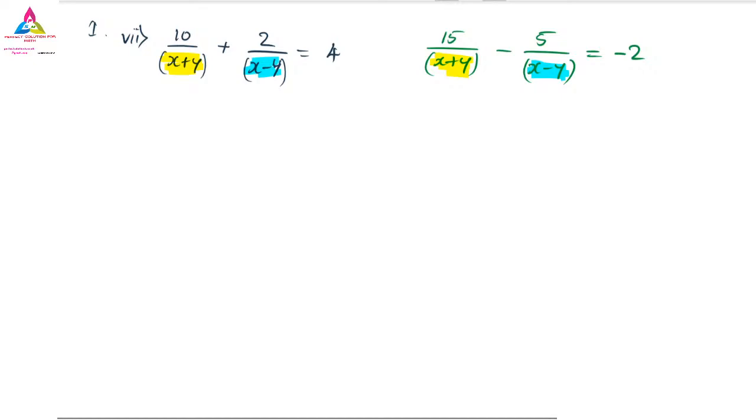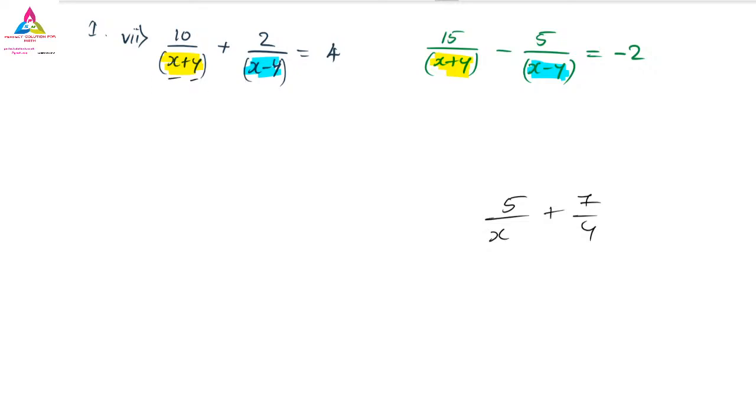In the previous questions we had only x or only y, like 5 divided by x plus 7 divided by y. But in this case we have 10 divided by x plus y, where two variables are combined together.